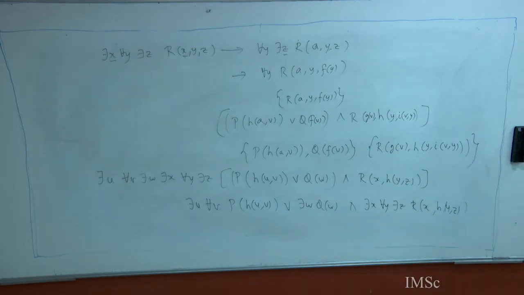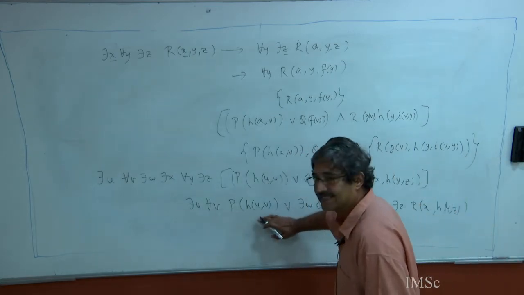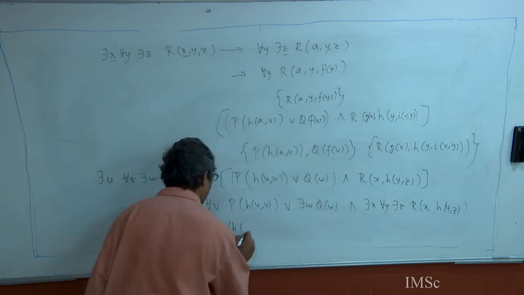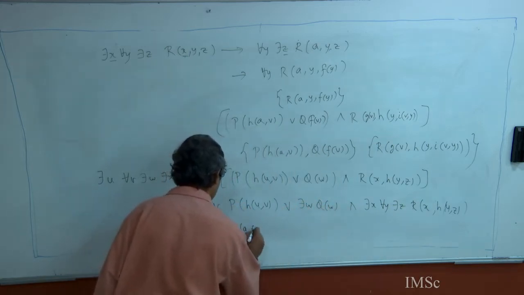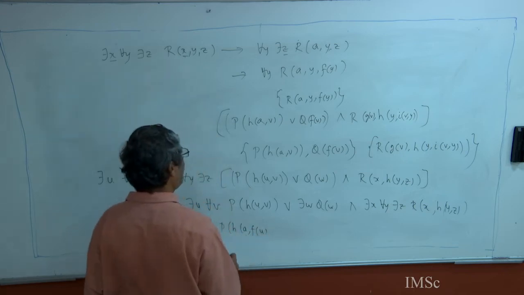Now you see that the Skolem functions are very different. Here I just Skolemize this. I Skolemize this, what do I get?